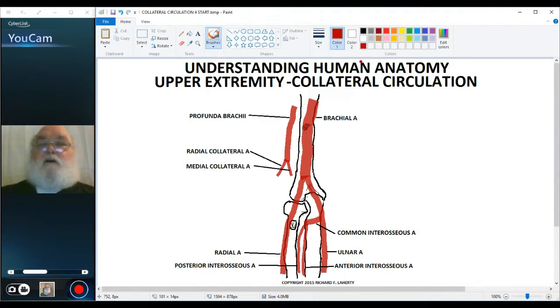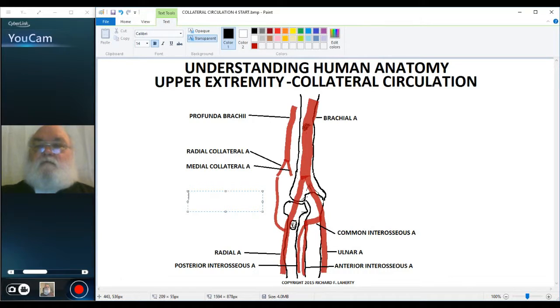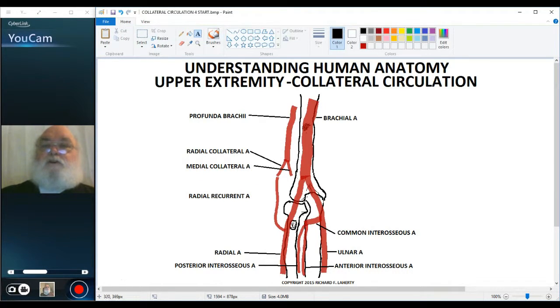Now, I'm going to start on the radial side because we only have one artery to look at coming off of the radial artery, and that is the radial recurrent artery. And remember, whenever we see the term recurrent, it means that it is turning 180 degrees and going back from the direction that it originally started.